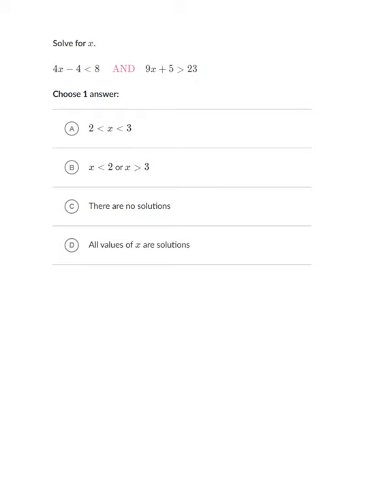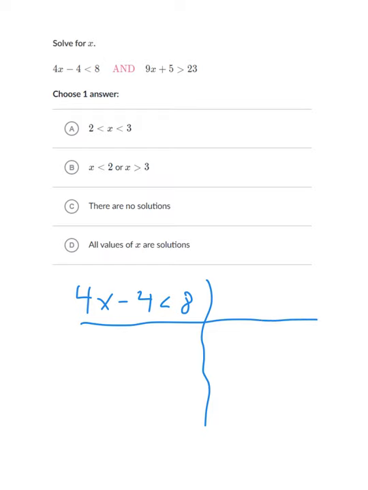So the first thing we're going to do is we're going to solve each inequality separately. So I have 4x minus 4 is less than 8. And I have 9x plus 5 is greater than 23.